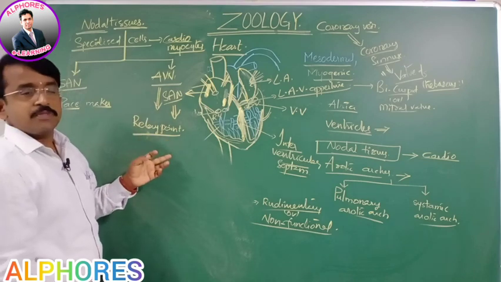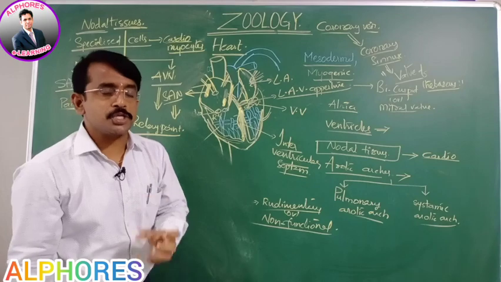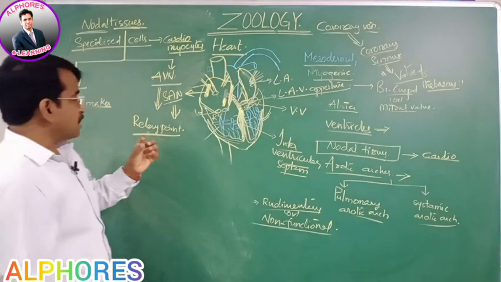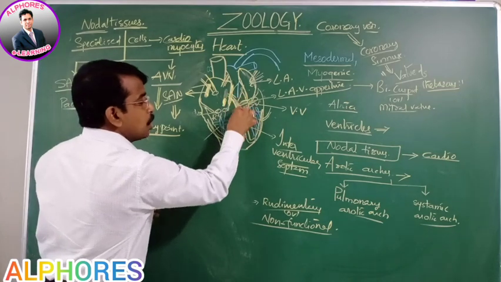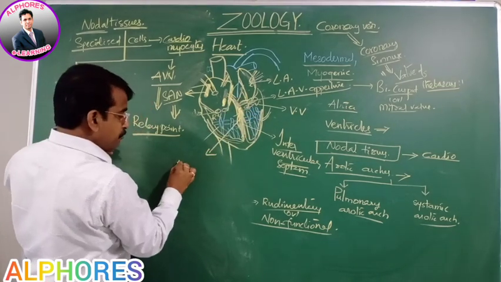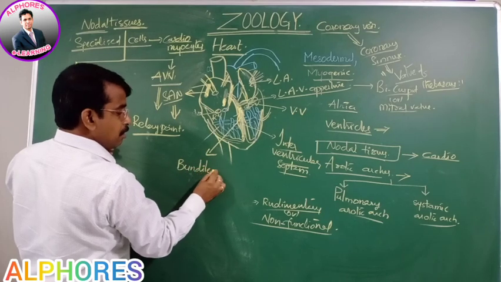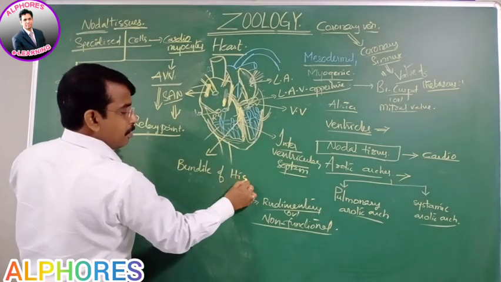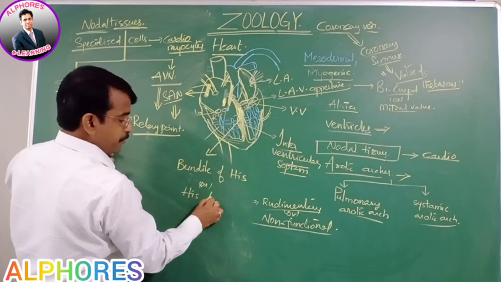This is the other nodal tissue, acting as a relay point, and it is connected to what is called the bundle of His.